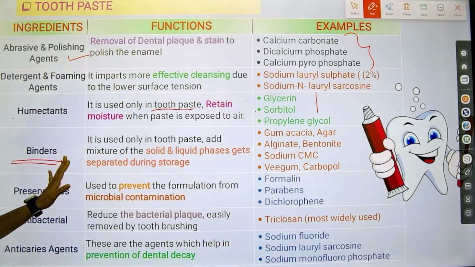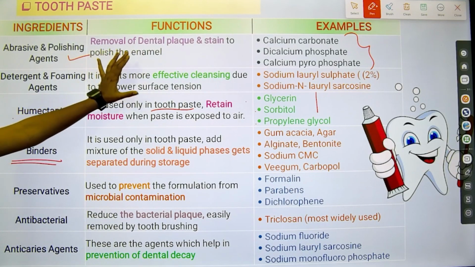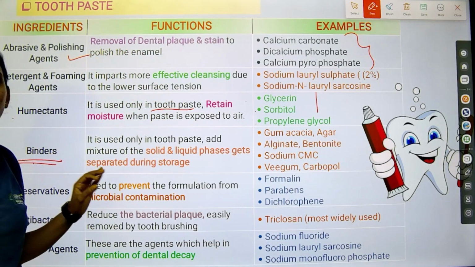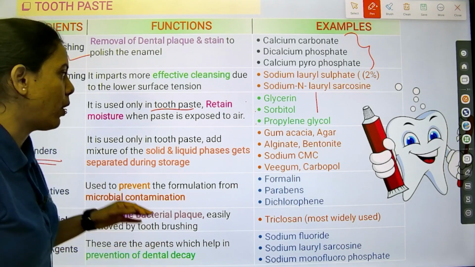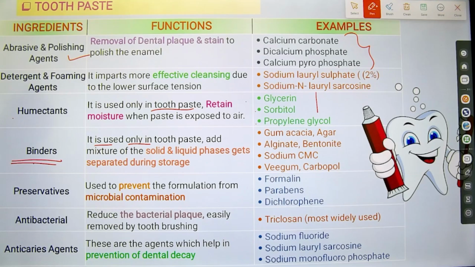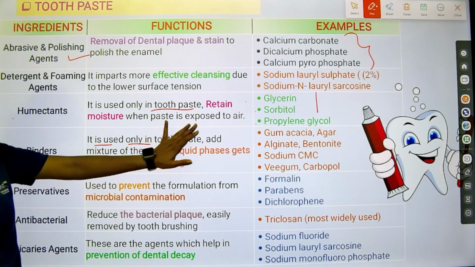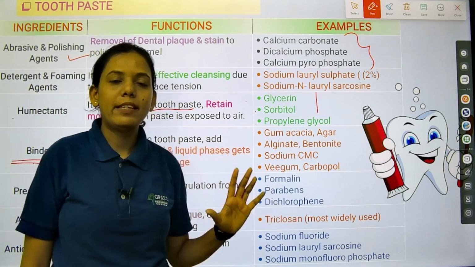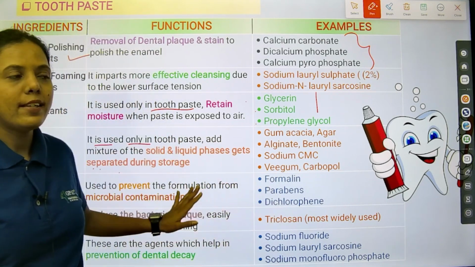So binders, because solid and liquid ingredients are present in toothpaste, the binders are added only in the toothpaste and not in the tooth powders. So here you can see it is used only in toothpaste as the mixture of solid and liquid phases get separated during the storage. So you should add when there are chances that solid and liquid ingredient may separate out during storage. So it is added in the toothpaste.